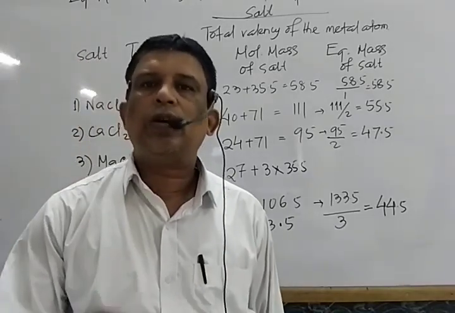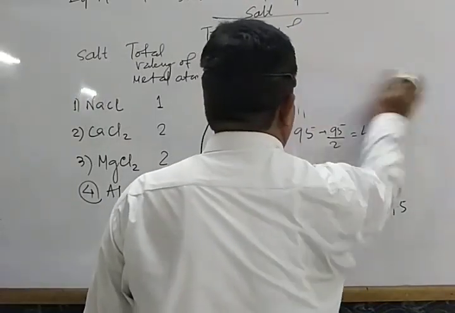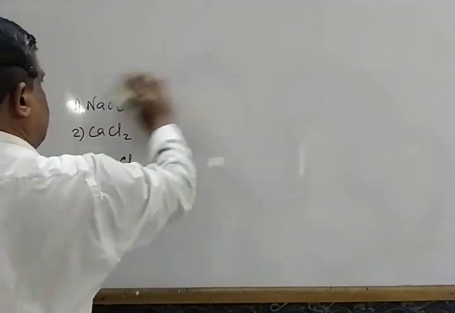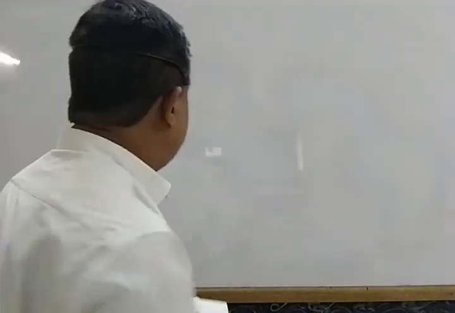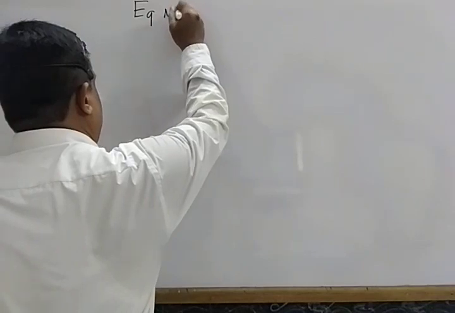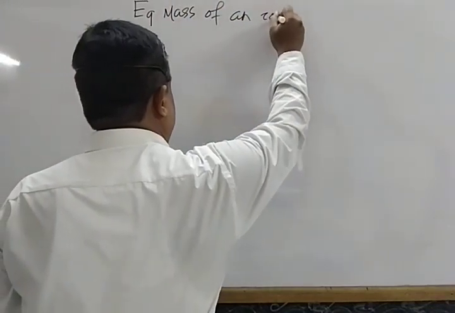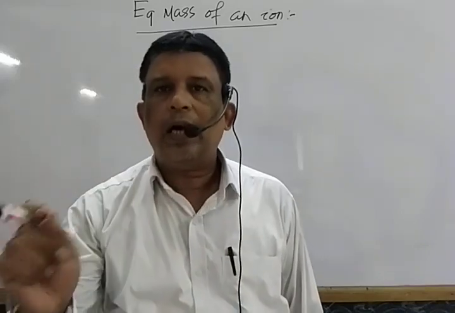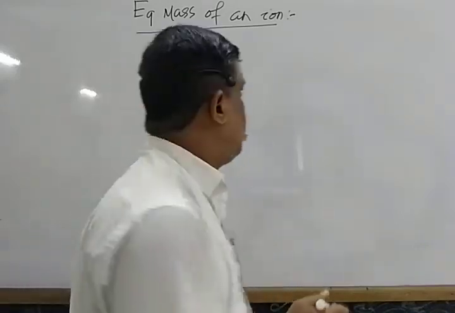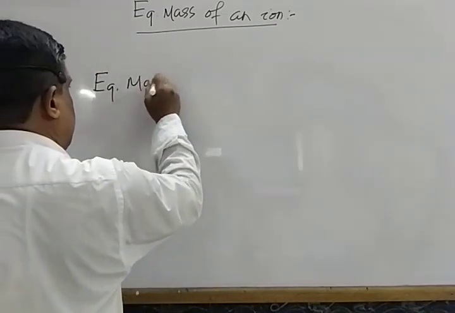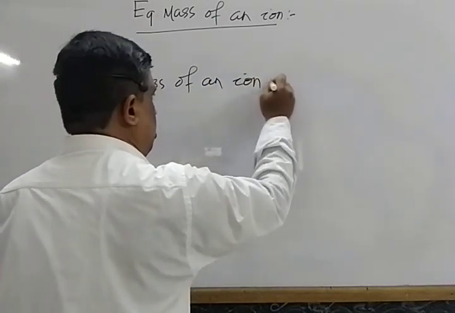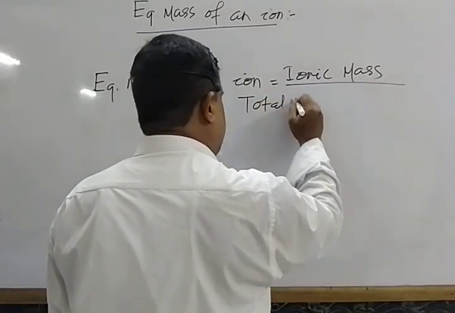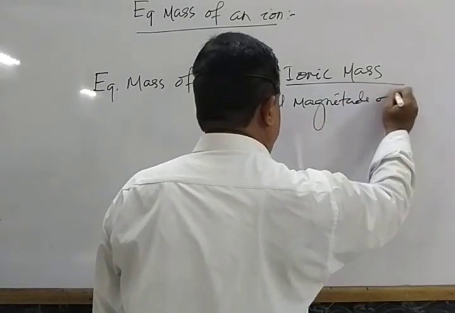Next we go to equivalent mass of an ion. Equivalent mass of an ion is equal to ionic mass divided by its total magnitude of charge.